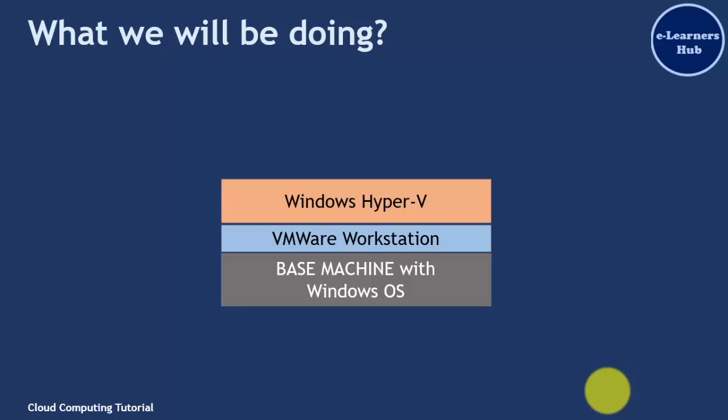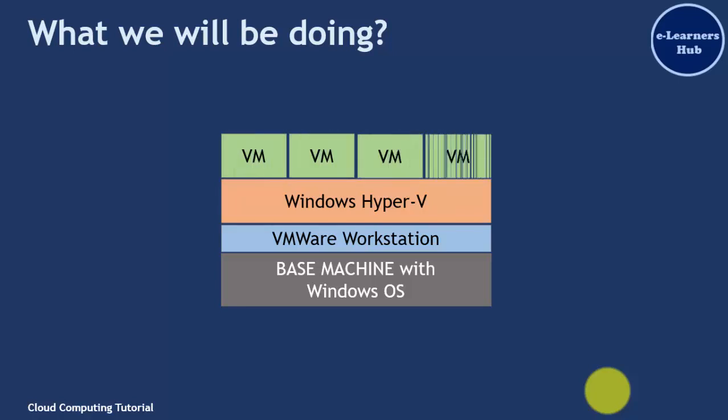We'll be creating a virtual machine of Windows Server 2012, and in that we will enable the Hyper-V service, and on top of Hyper-V we'll be creating virtual machines. So this is how the installation is done.